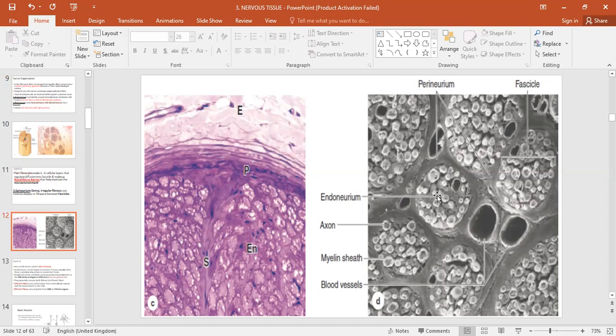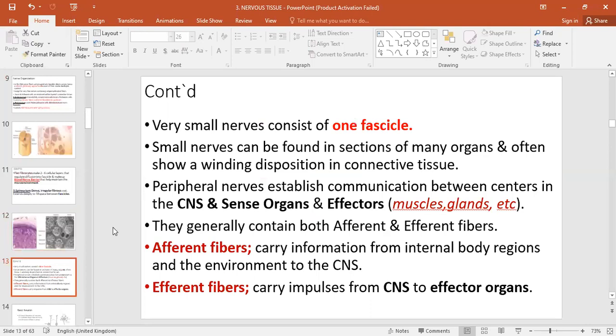Equally here, this is one fascicle, fascicle, fascicle, fascicle, blood vessels. So here we're going to have perineurium. Then around each axon, we're going to have endoneurium. Then the whole nerve will be covered in epineurium. Okay.